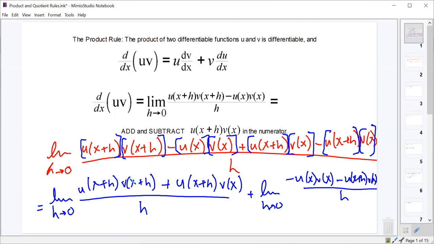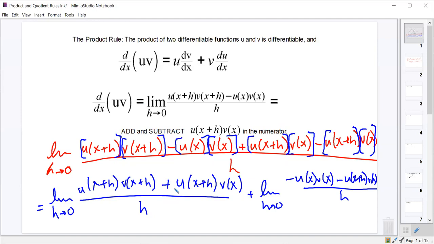The derivative of V. Right, it looks very similar to the derivative of V. True? V of x plus h plus V of x over h, except it would need to be a V of x plus h minus V of x over h, wouldn't it? Because isn't that how the difference quotient works? It's f of x plus h minus f of x.